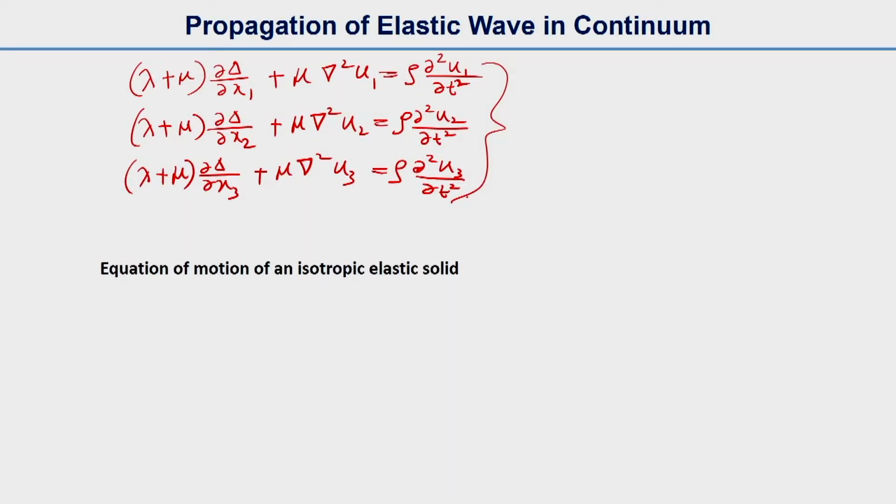These are the equations of motion for an isotropic elastic body, and the body forces are absent. Body forces mean gravitation and even the moment, so both are absent.